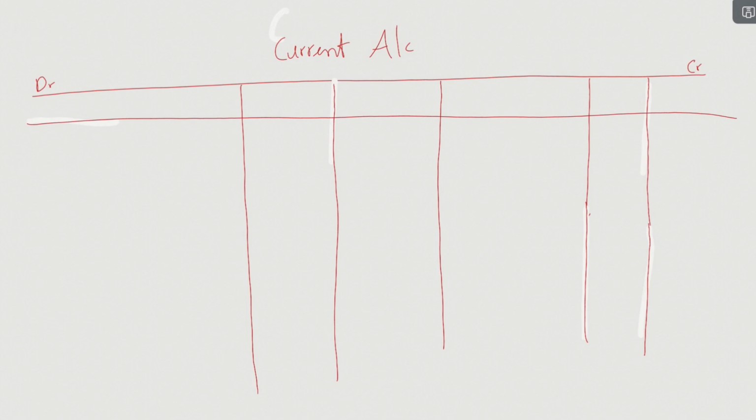This is for Fela, I have a Naira symbol here, for Tara we have this. This is the particulars here, for Fela here and Tara here. And then we have our Naira symbol, right? We're also going to have particulars here.